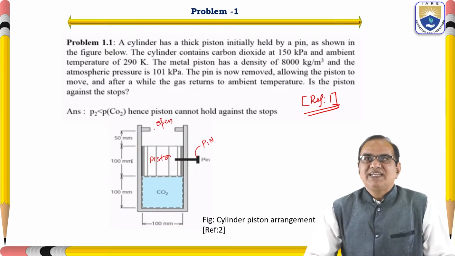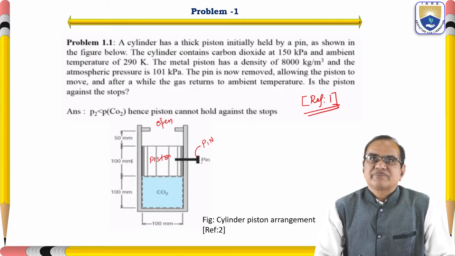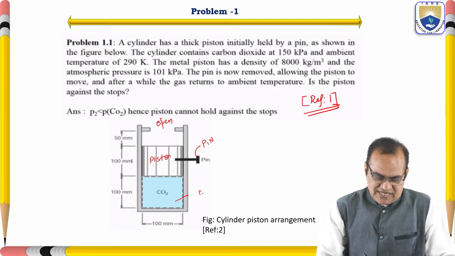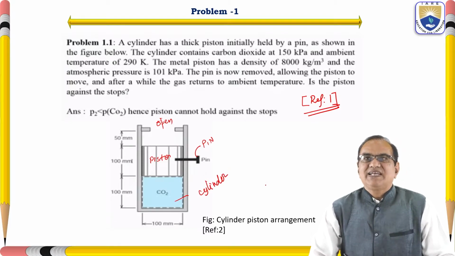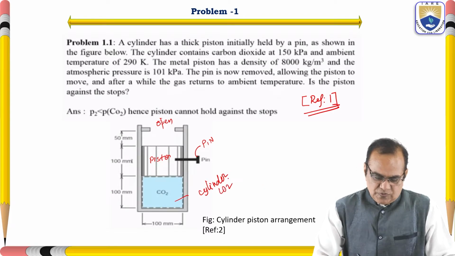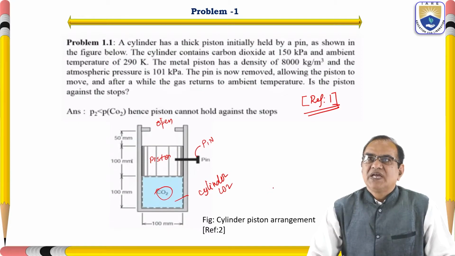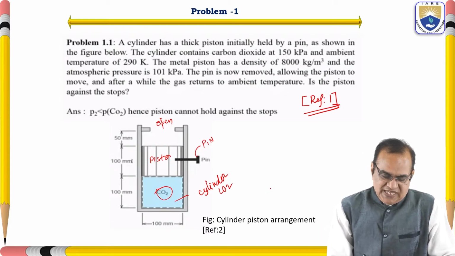A cylinder has a thick piston initially held by a pin as shown in this diagram. This is the cylinder, and the cylinder contains carbon dioxide, that is CO2, at 150 kilopascal.